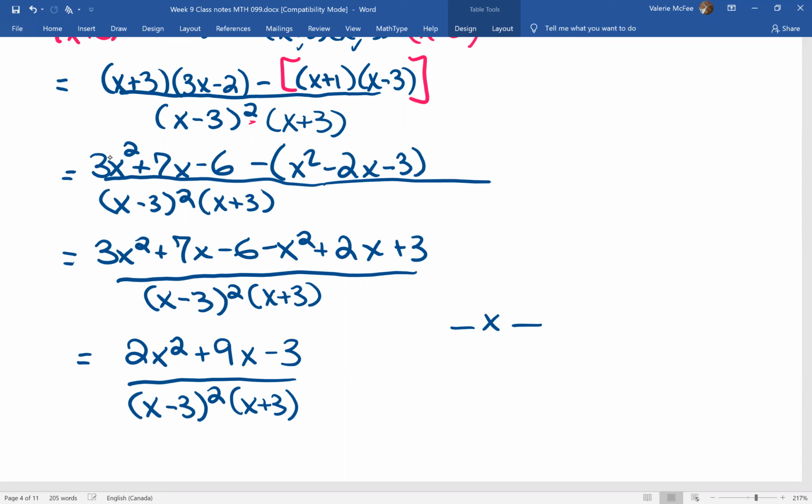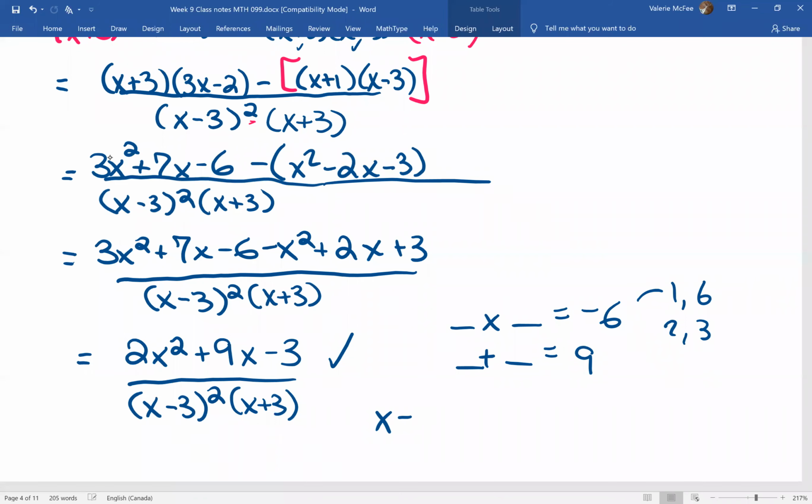I need 2 numbers that multiply to a times c and add to b. If I think about the factors here, I'm never going to get a 9. So the numerator cannot be factored. This is our final answer.